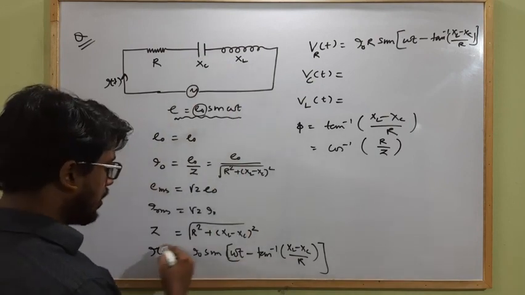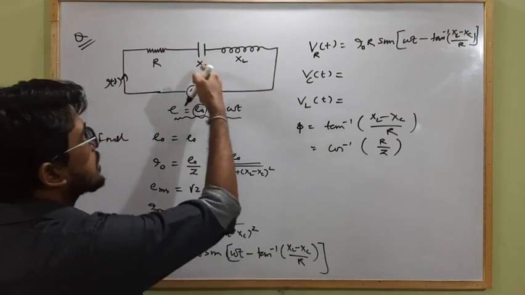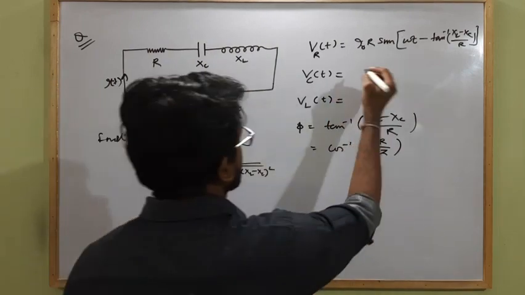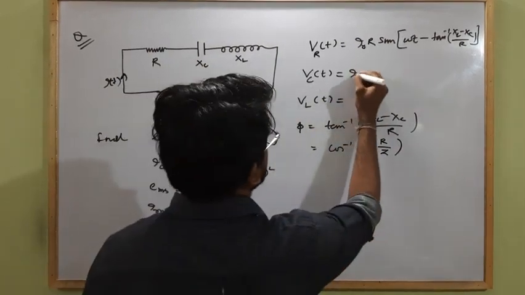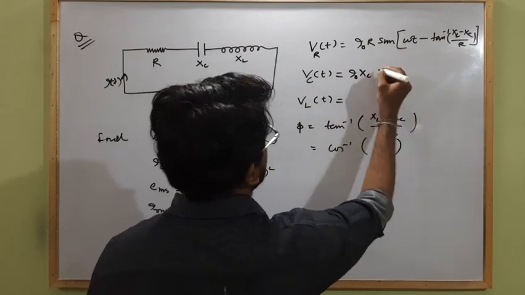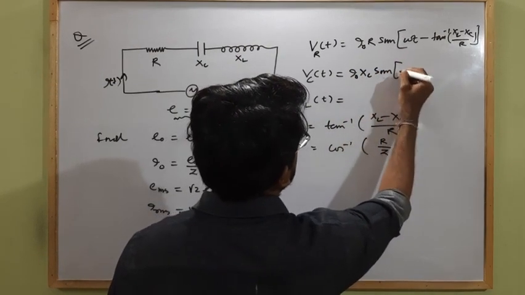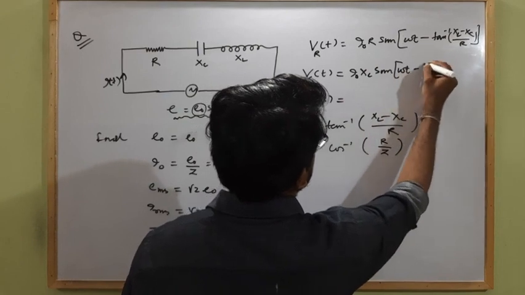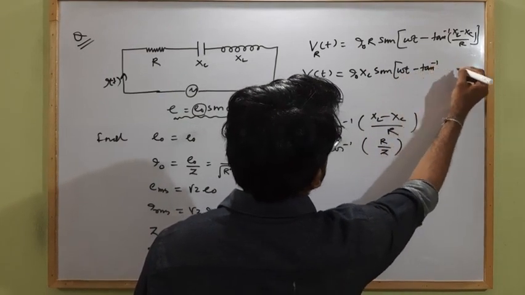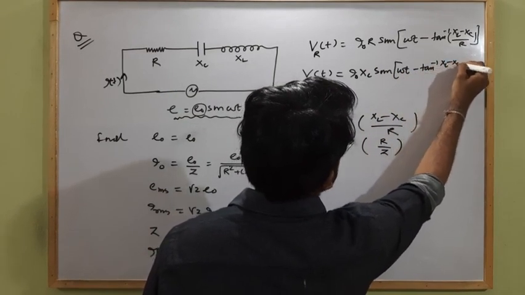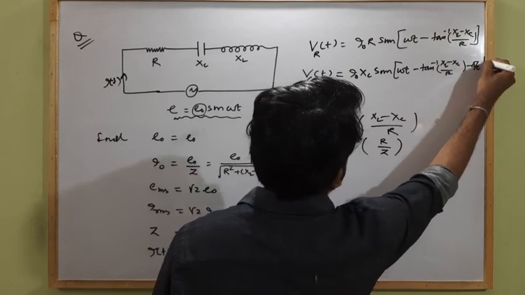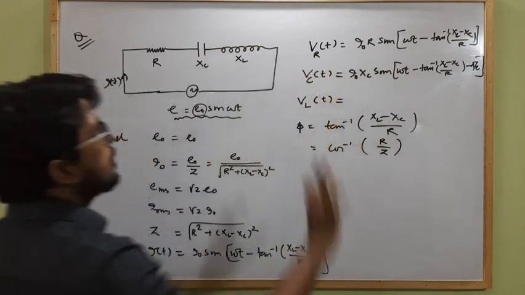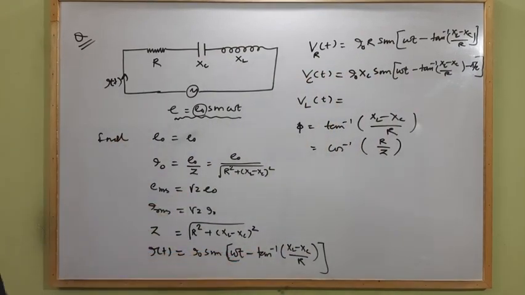So if this is the value of current, the potential difference across the capacitor will be, with E naught being I naught into XC, I naught XC sin omega t minus tan inverse of XL minus XC by R minus pi by 2, because the EMF lags behind the current by pi by 2 radian.